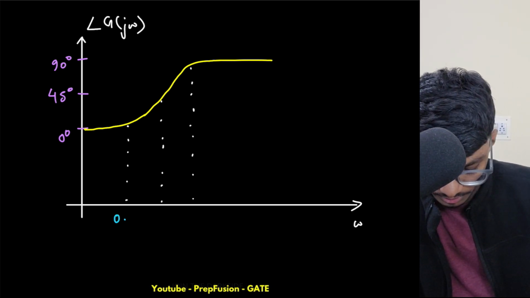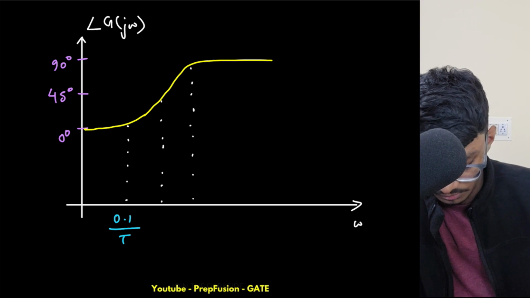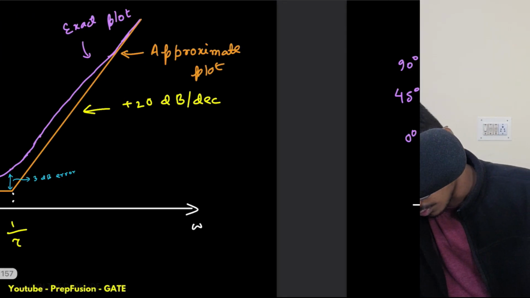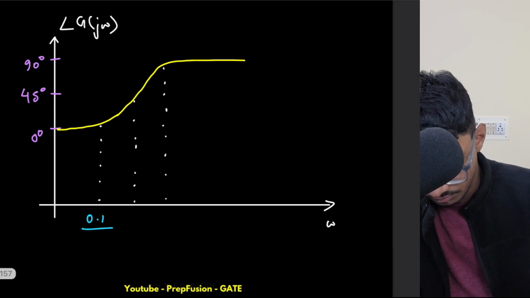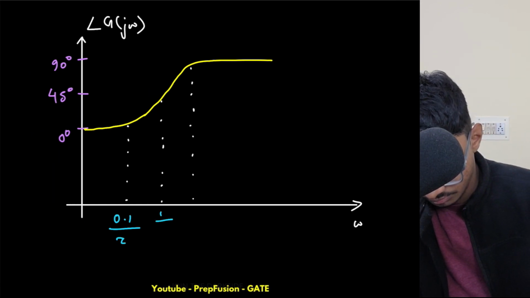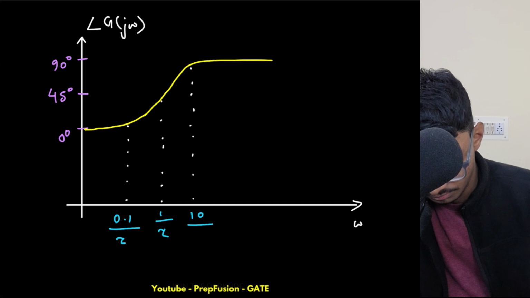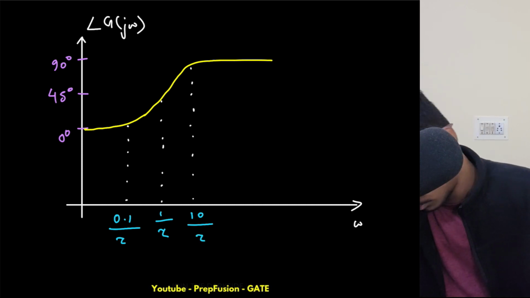This is 0.1 divided by tau. This is 1 by tau, and this is 10 by tau.